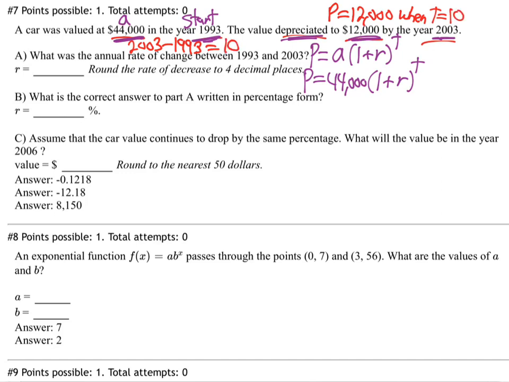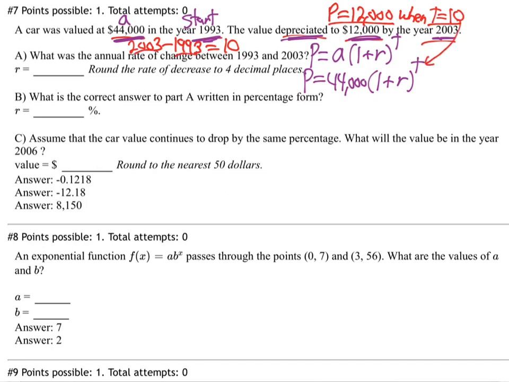So when T is 10, the value became $12,000. The car had dropped to a principal value of $12,000 10 years later, right? It started in 93 and then 10 years later to the year 2003.